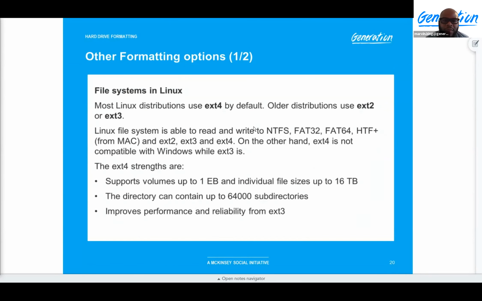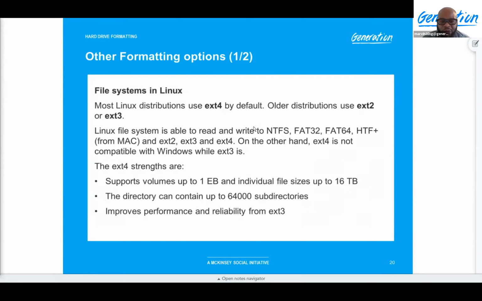All right. So Kelly wrapped up Windows. It's now my turn to talk about Linux. And as it's stated here, Linux uses the file system ext4 by default, but ext2 and ext3 with the older distros are still available.